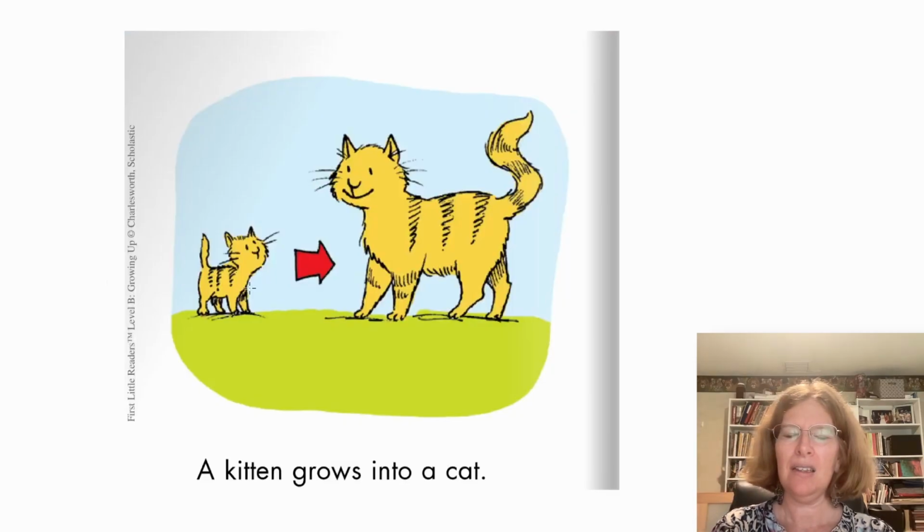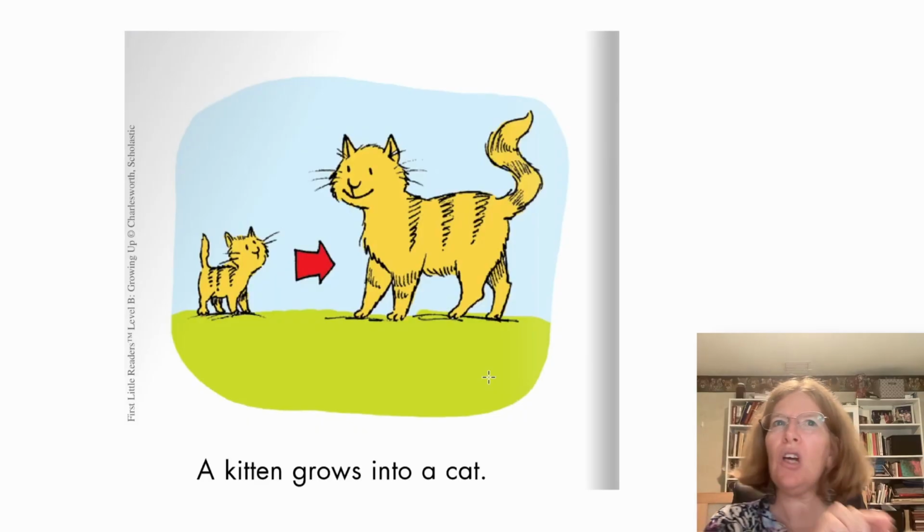Kitten grows. OW says oh. Into. N, t, oo. The O says ooh. Cat. So notice the child can read, and when they say the sound they see, you help them if they're not saying it correctly.